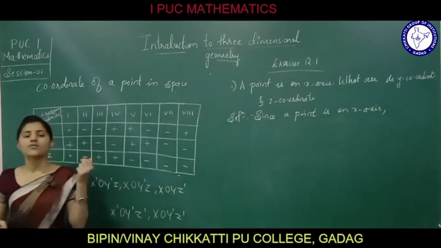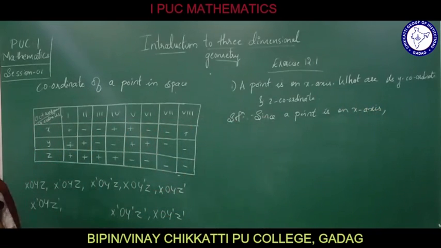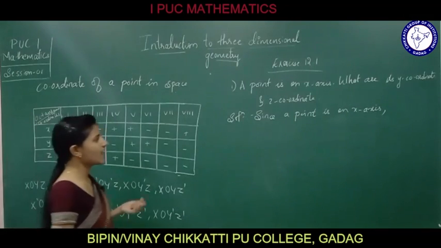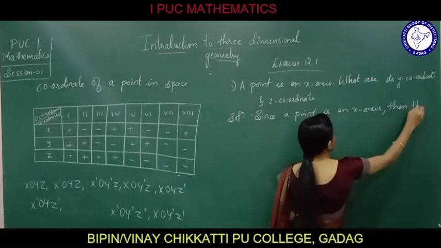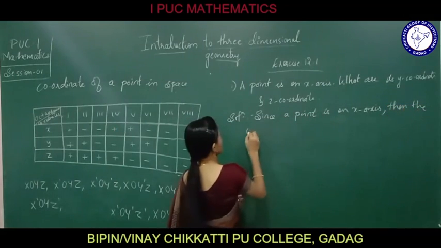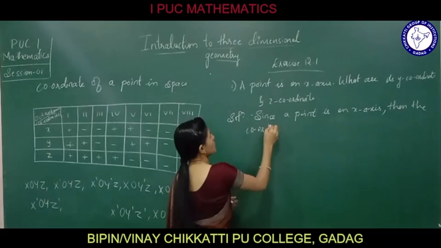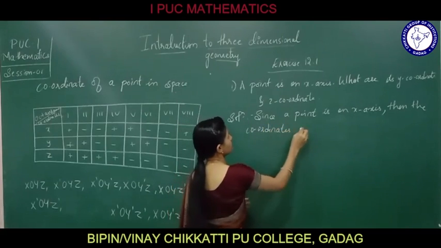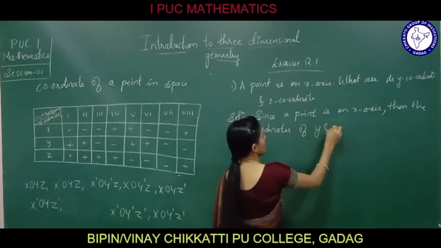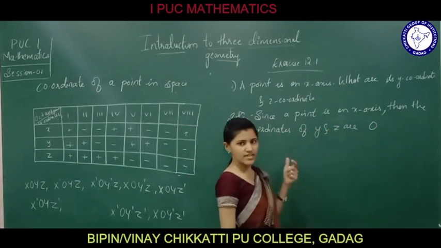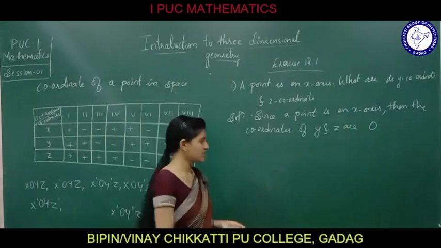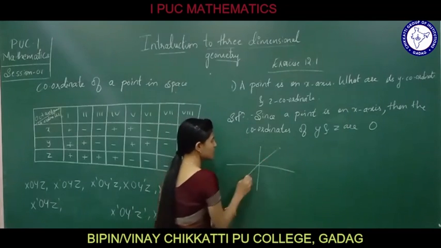What are its y coordinate and z coordinate? Then the coordinates of y and z are 0. Why? Because when any point, see, this is x, this is y and this is z.